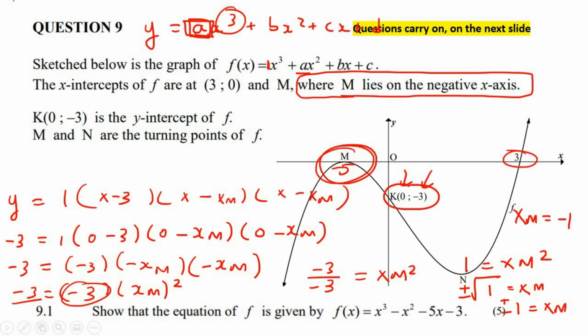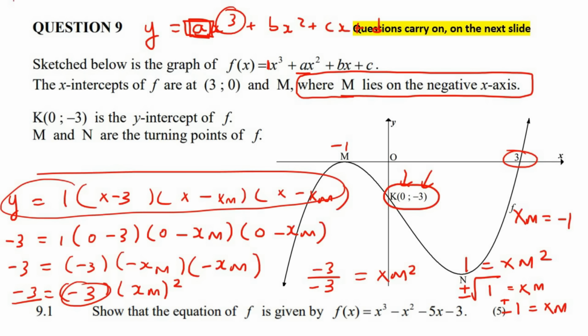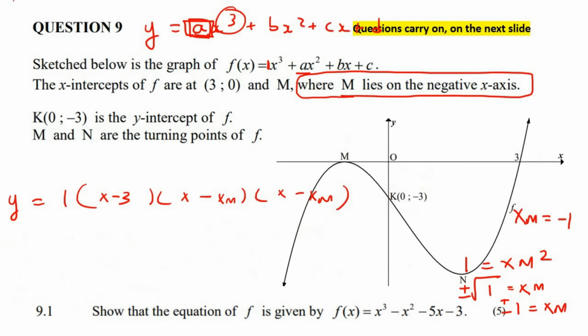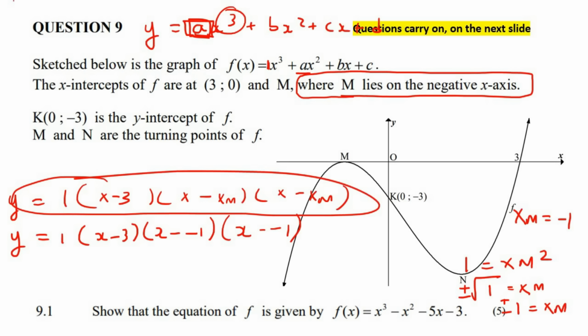Excellent job, guys. So now we have the x value of m as -1. So we can now come back to this step over here, and we can fill in x as the x value of m as -1, like that, and like that, -1. I hope you remember this method, guys. I have shown this in previous videos.